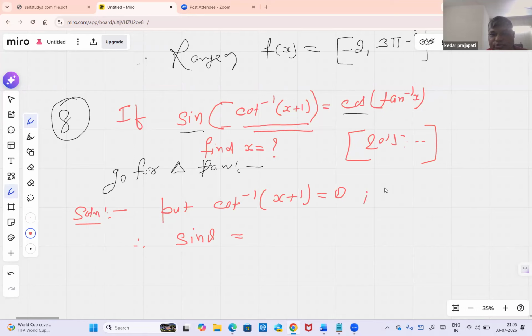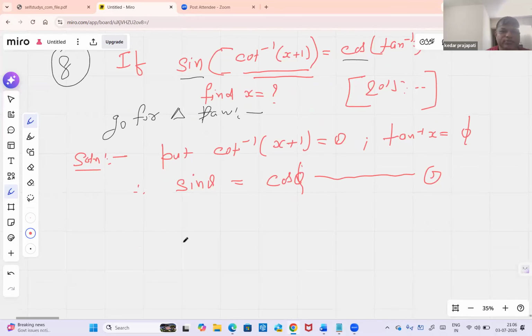I assume tan inverse x equal to phi. Then it will become cos phi. Clear? Now this is the equation. Now I'll keep on solving.